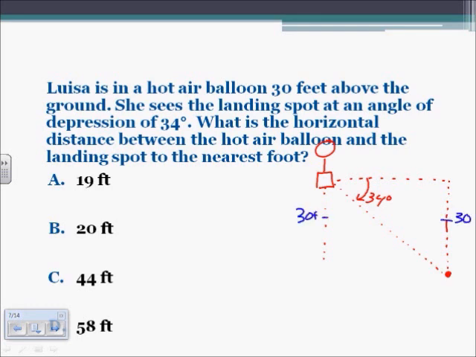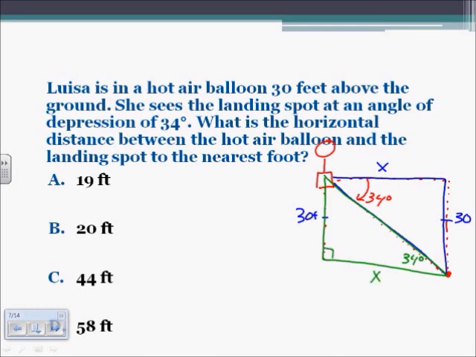So my triangle is a 34 degree angle in the top part here and 30 feet for the side. Wants the horizontal distance, so we have X on top. So I solve them with the triangles flipped. You're more than welcome to draw the green triangle in and have the bottom be 34 degrees, have this be X, and to solve that works out just fine too.